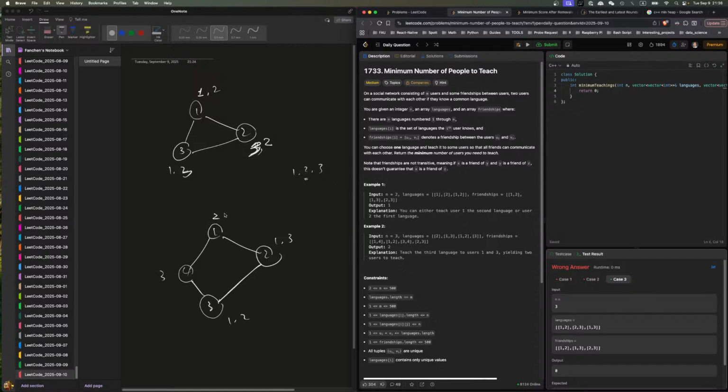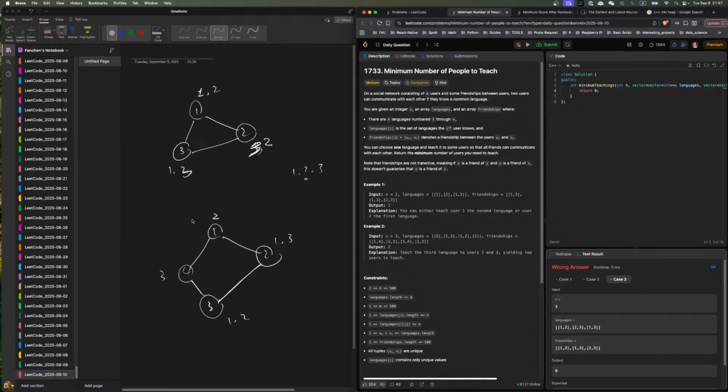I'm just trying to see if we can brute force this. We pick a language, and if you contain it, you just don't teach it. If you don't, you will teach it. So I think the strategy does work.